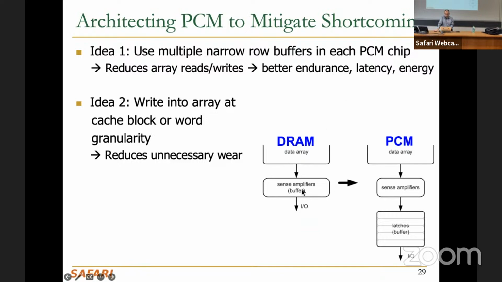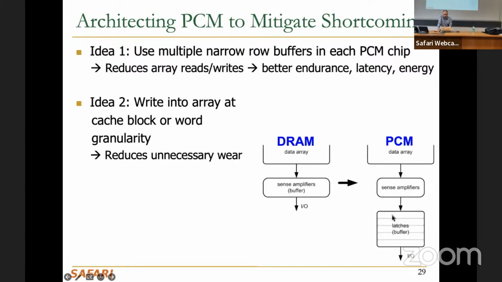So in DRAM, we have a big sense amplifier because a read operation is destructive, right? And you need this sense amplifier to do the charge restoration to make sure that everything is correct. But PCM doesn't have that issue. So you don't need the sense amplifier to be as big as the whole row of the DRAM.